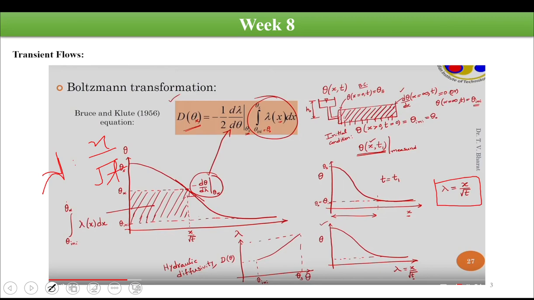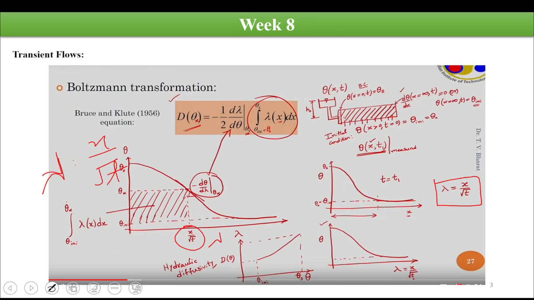So, if we plot the volumetric water content theta versus x upon square root of t, that is lambda, we'll get a plot like this, okay? And in this plot, if you see, the slope is negative, because its gradient is downward, so it will be negative d theta upon d lambda.